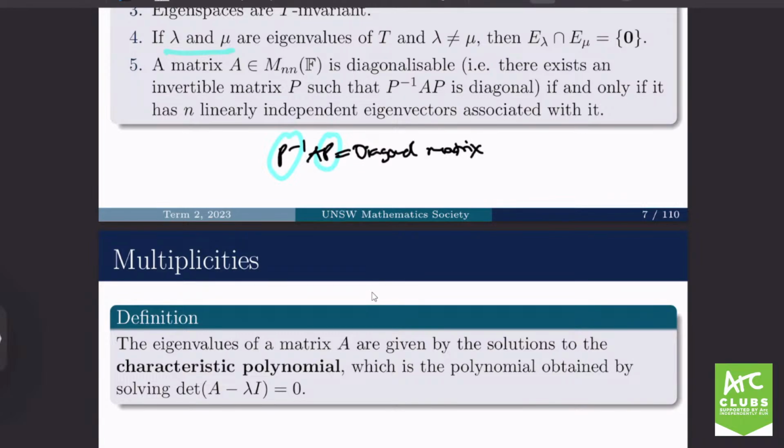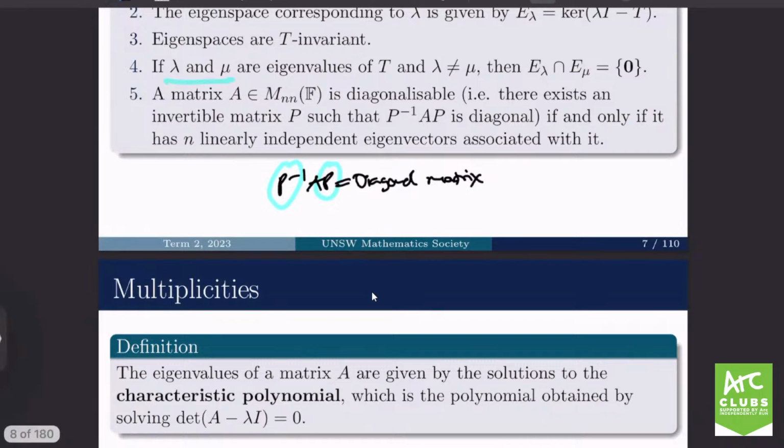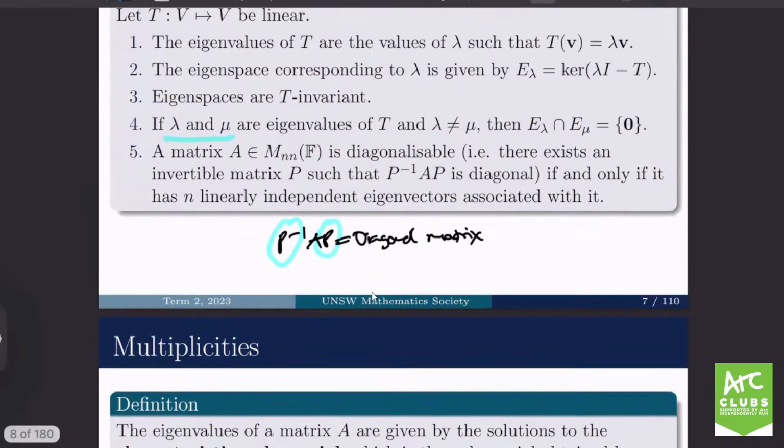Okay, so here it says it's diagonalizable if and only if it has n linearly independent eigenvectors. This is telling us that we have an eigenbasis, right?